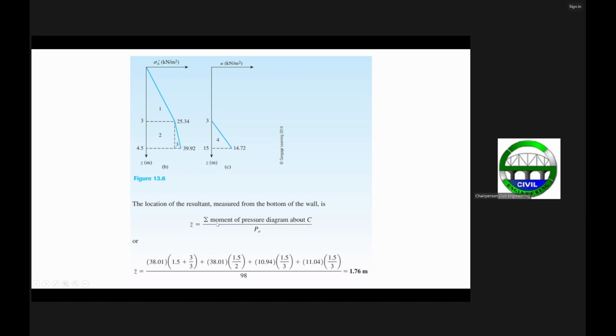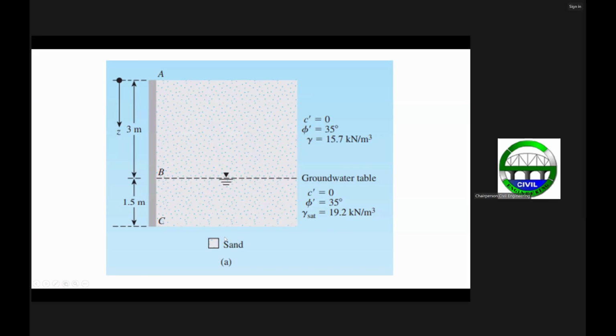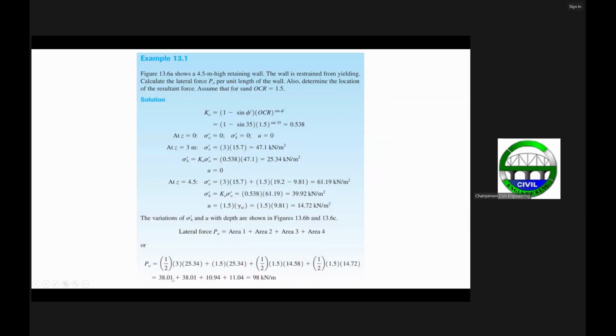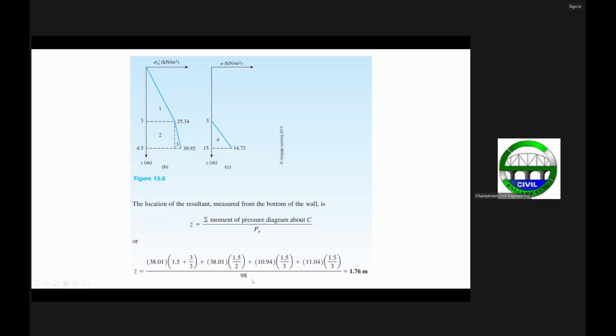That's the summation of moments of the pressure diagram about point C. Then divide that by the total lateral force, which is 98. That gives you a location of 1.76 meters above point C. So if this is 1.5, that's somewhere around here.